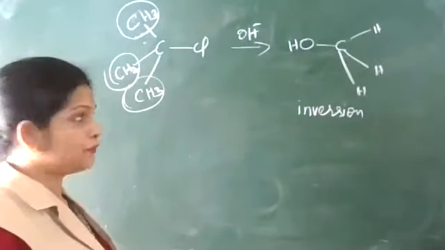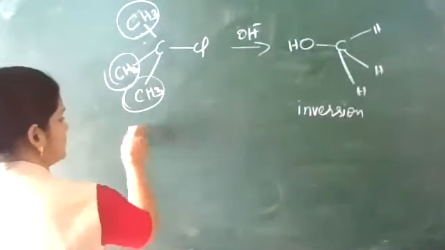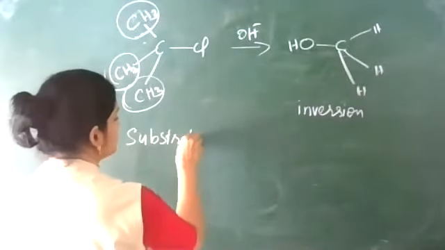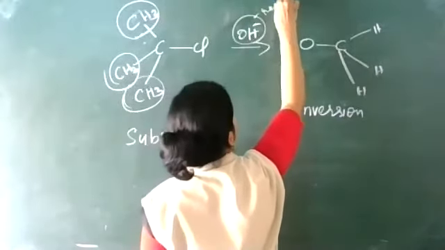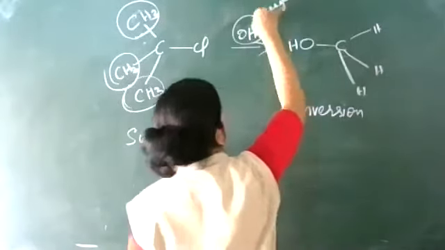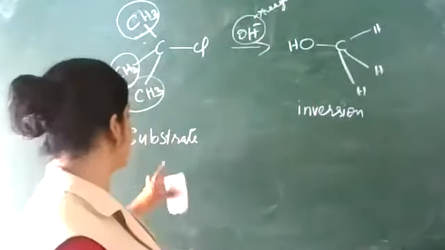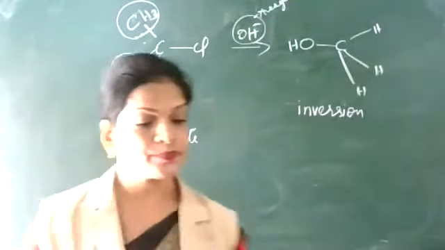So what do we have to do? You have to put this substrate, this is the substrate and this is the reagent. OH minus is the reagent and the starting material is the substrate.